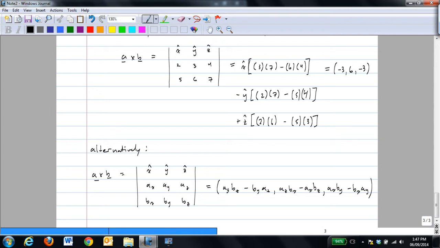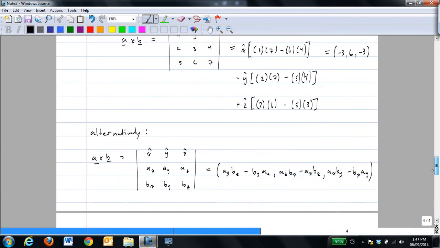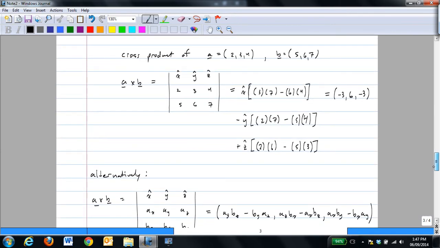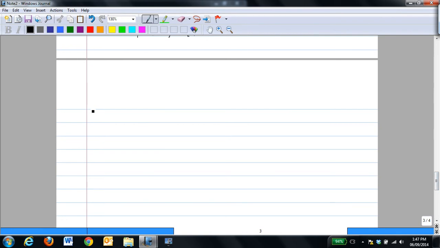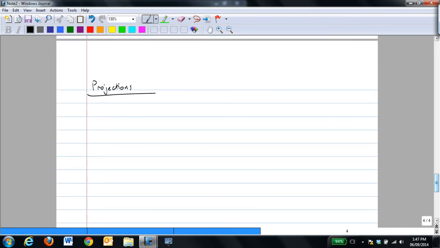Moving on, I'm now going to talk about projections. I'll talk about the scalar and vector projection of vectors. Okay. So let's say, again, in 2 dimensions we have our 2 vectors, A, and some vector B. And there's some angle between them.